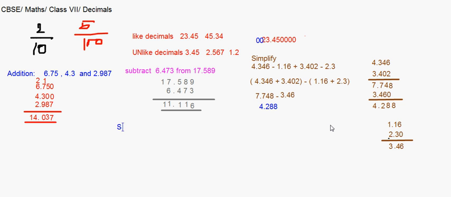It says simplify, and the question reads as 100 minus 3.067 minus 33.0689 minus 21.2.